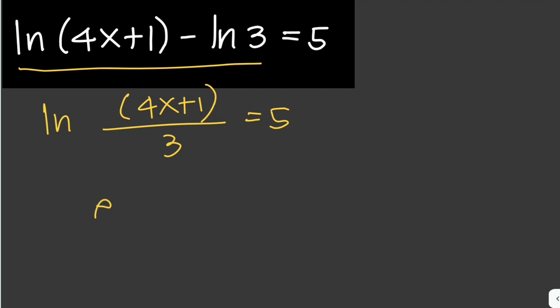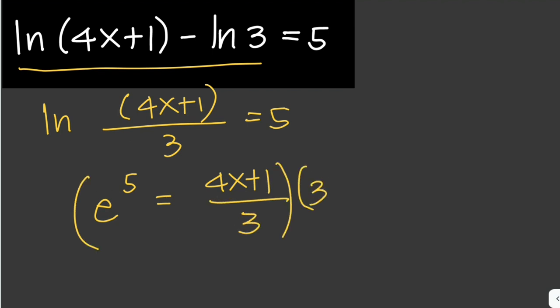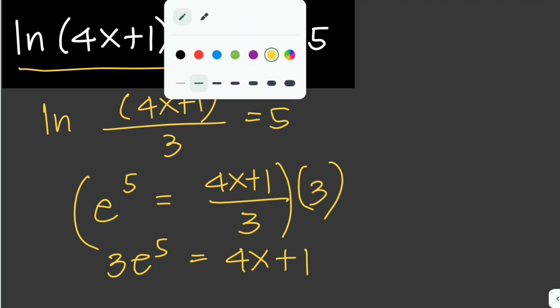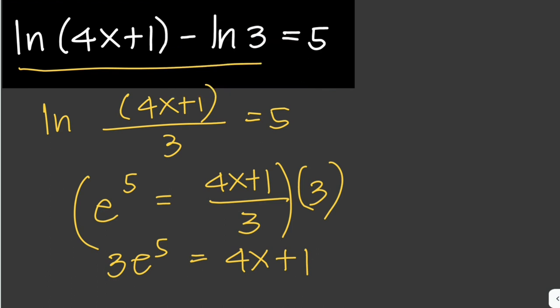So e to the 5 equals (4x plus 1) over 3, and then we multiply both sides by 3, and we have 3e to the 5th equals 4x plus 1, and then we subtract 1 from both sides.